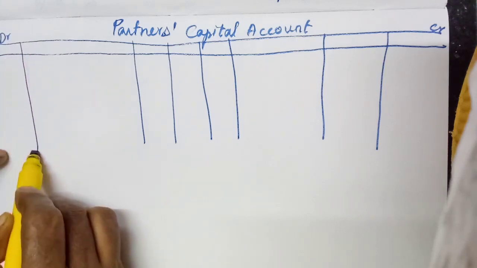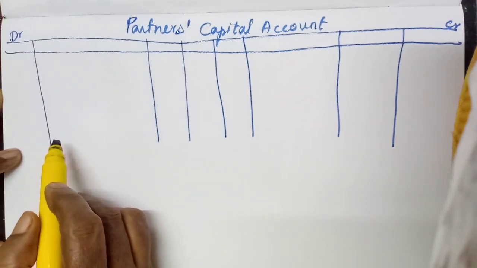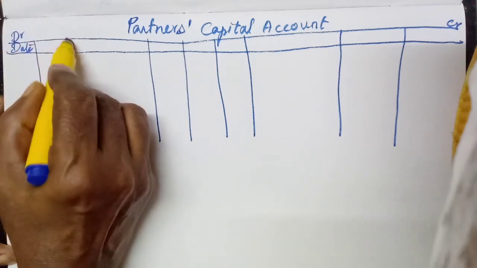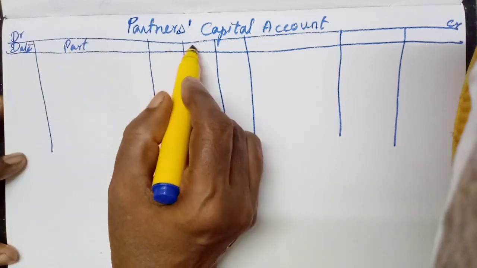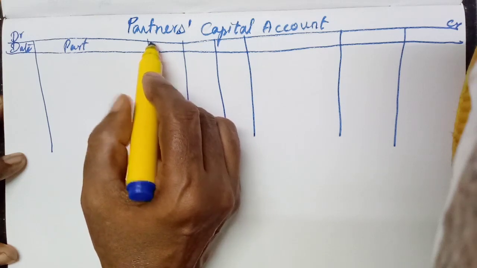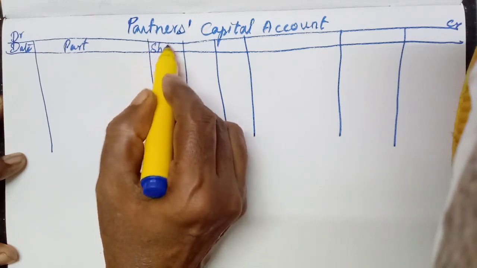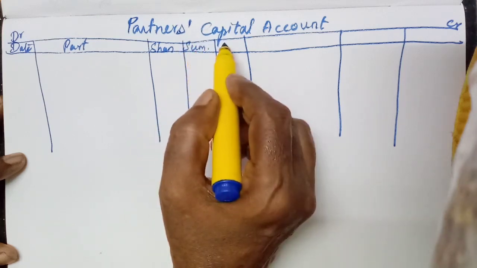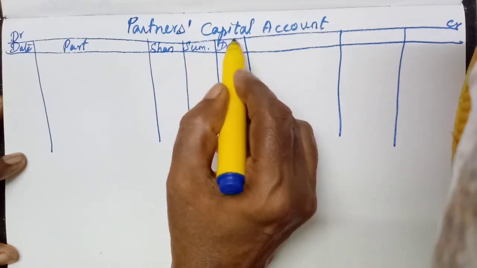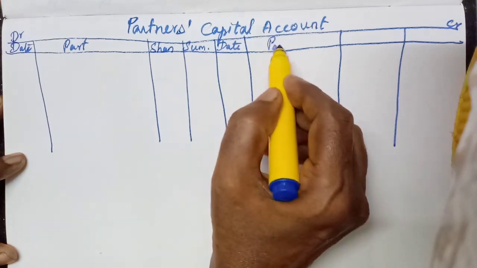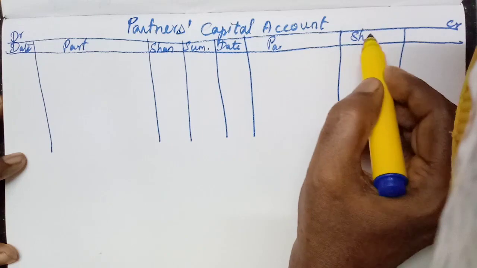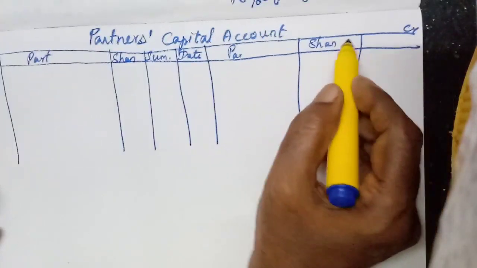Then this date. Now date, particulars, the partners' names we should write: Shanti, Sumati. Then date, particulars, Shanti, Sumati.